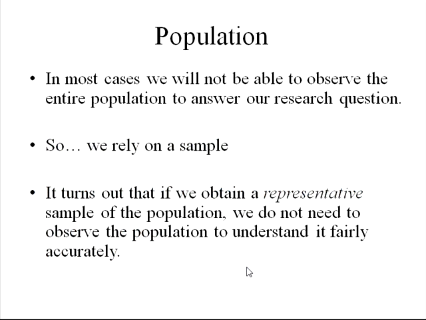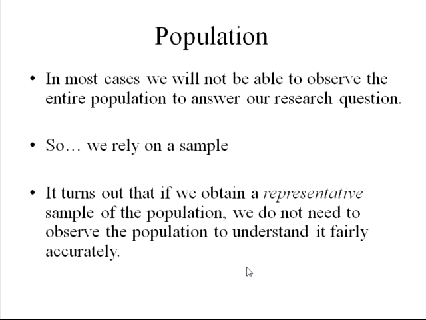In most studies, we will not be able to observe the population because it's so big, and we will never be able to observe it in its entirety. So we need to rely on a sample.